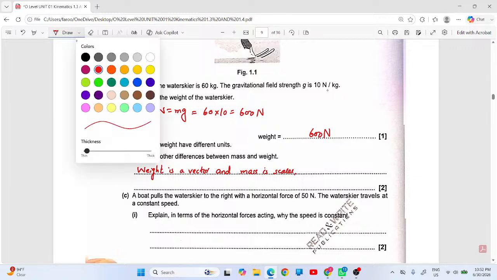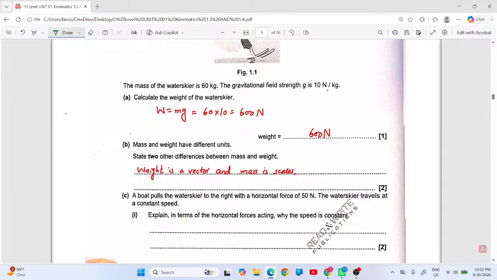That is one point. Time. Weight varies with position of an object, while mass does not vary with position.